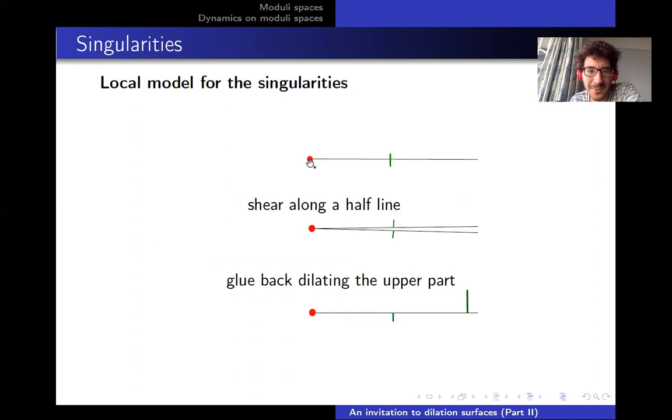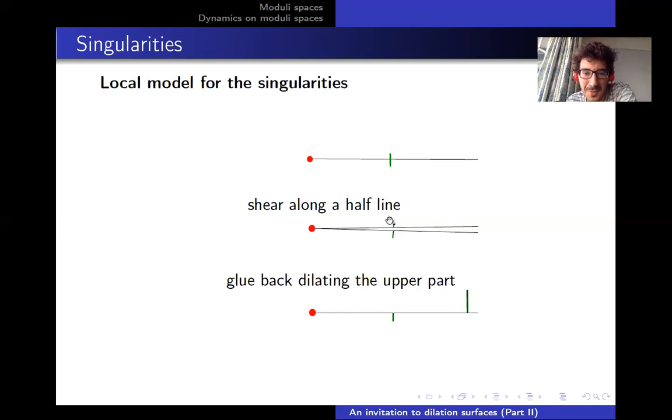Basically, you start with the plane and a half line, and you shear along the half line. You get something like this. I've put a marker at the initial point before I shear. And what I do is I dilate or contract the upper part. In that case, I chose dilating by a certain factor, and I glue back. So what I see is a global dilation.